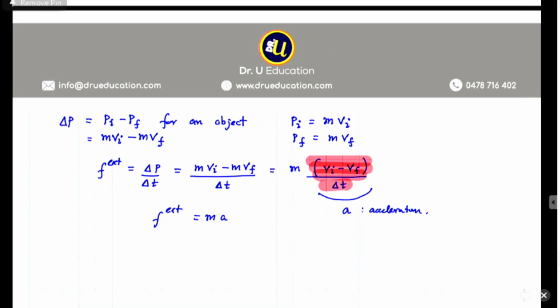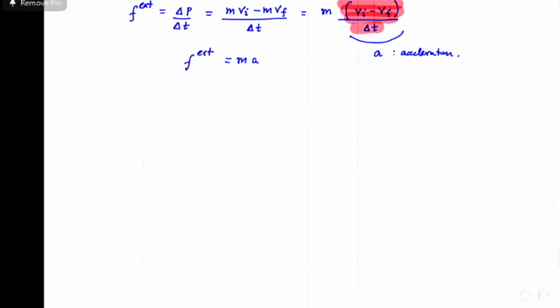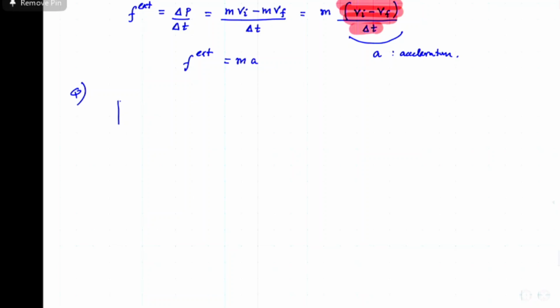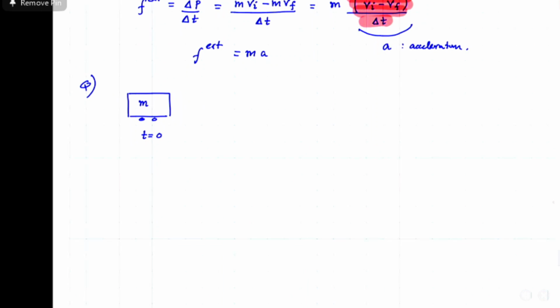No question? Okay. Now we'll discuss this question. Understand? There is a cart of mass M, starting from 0 time. There is a constant force acting on it, F is equal to 10 newtons.